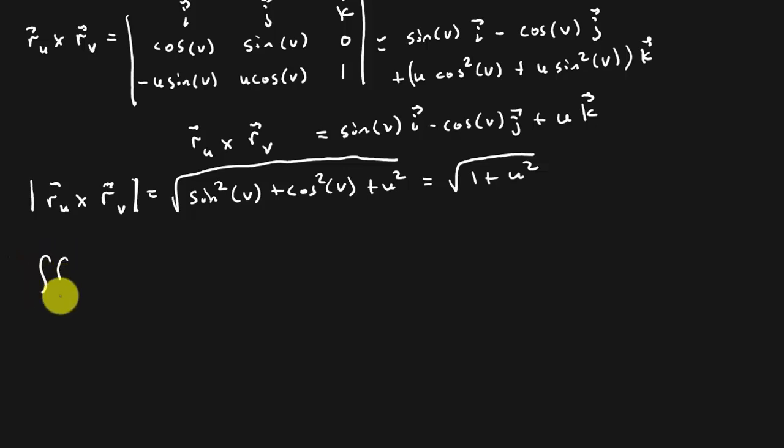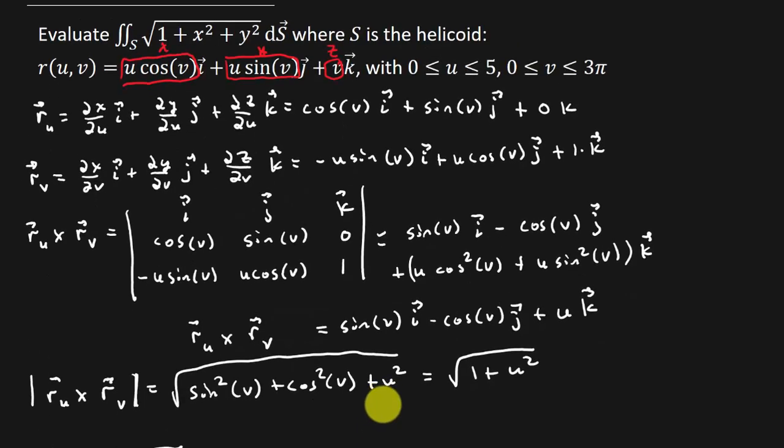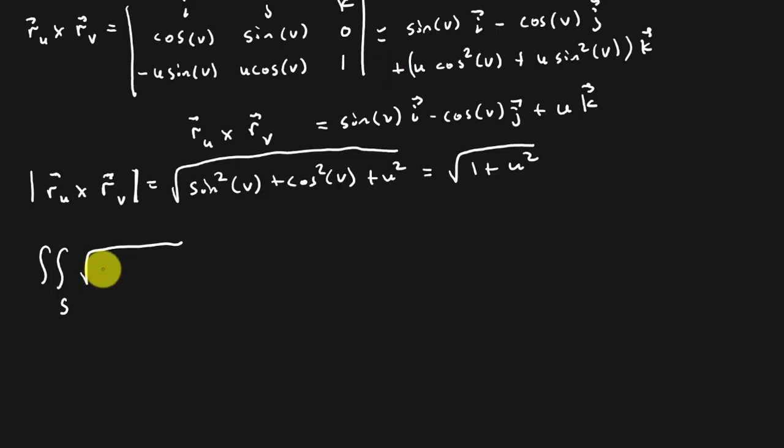So we've got the integral of the square root of 1 plus x squared plus y squared dS. That is equal to the integral over D of the square root of 1 plus x squared plus y squared, and we're going to get this all in terms of u and v.